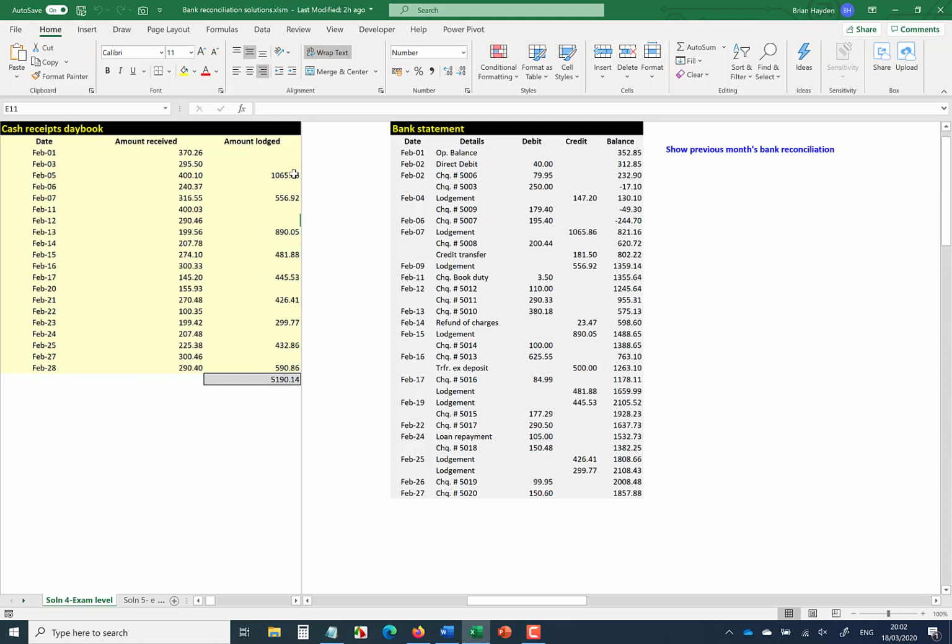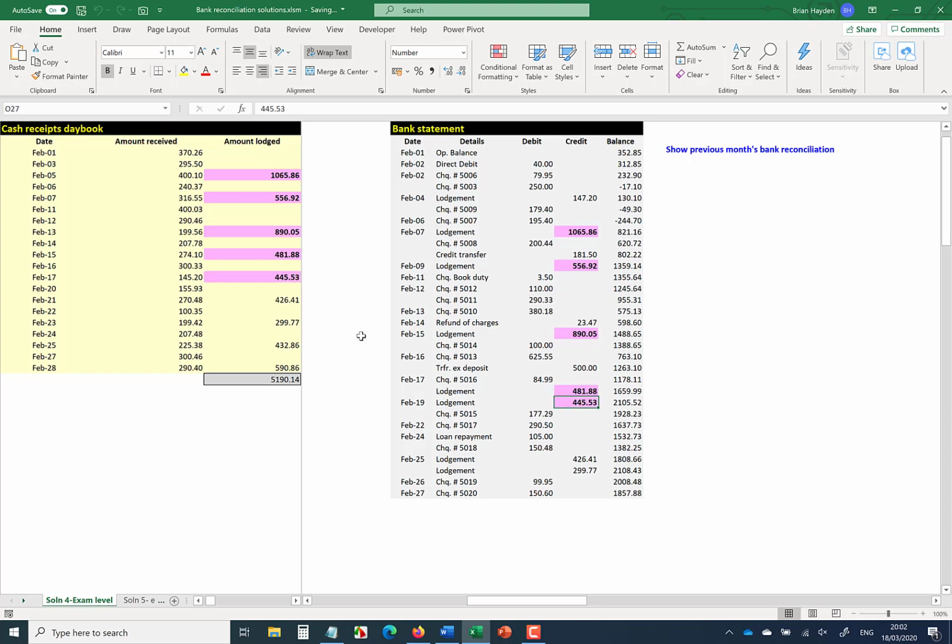So I can see there's 1,065.86 here, and it's also here. I would be marking it off or ticking it off if this were a paper-based solution, so I'm just highlighting it because it's a digital format. 556 and 556, 890 and 890, 481, 481.